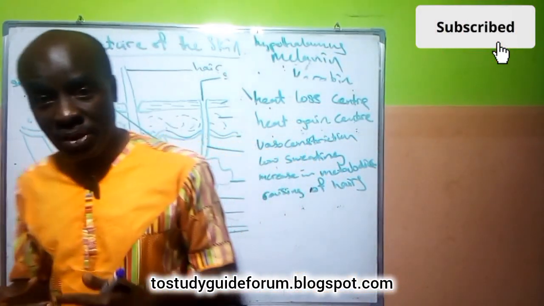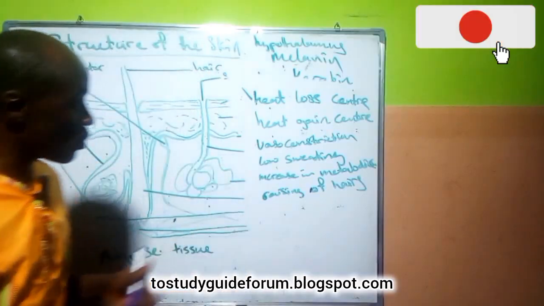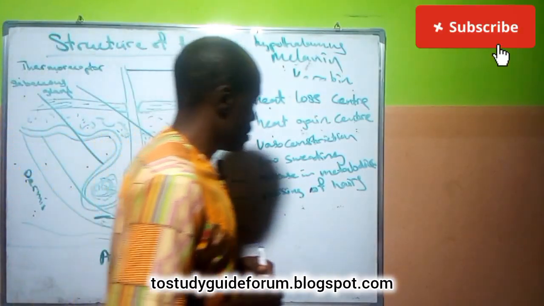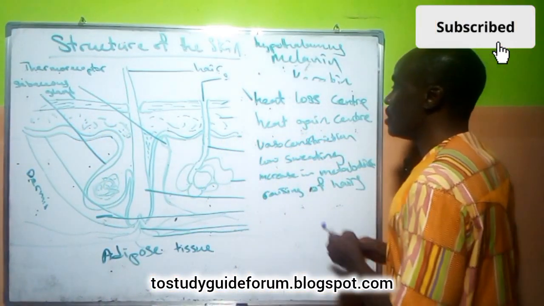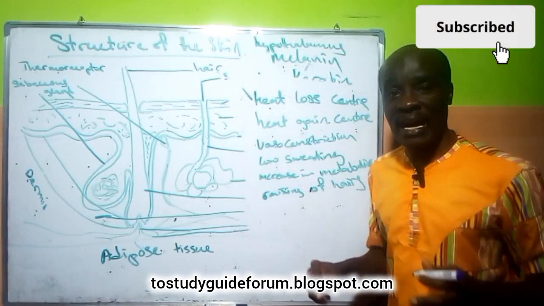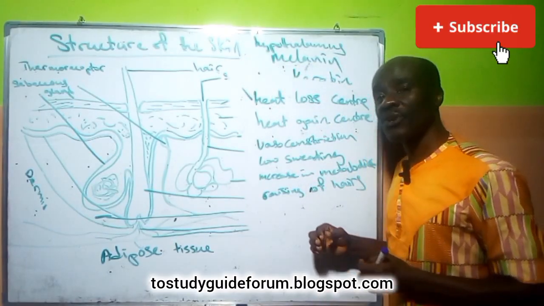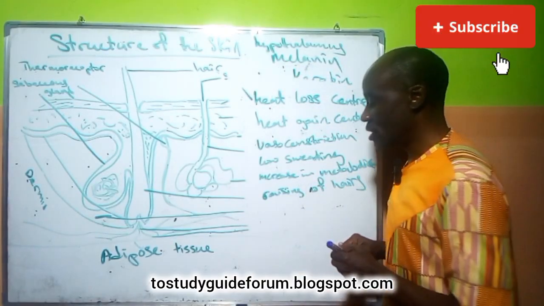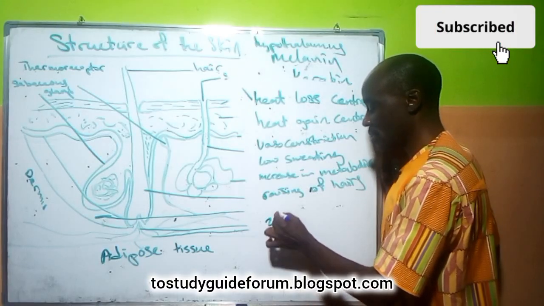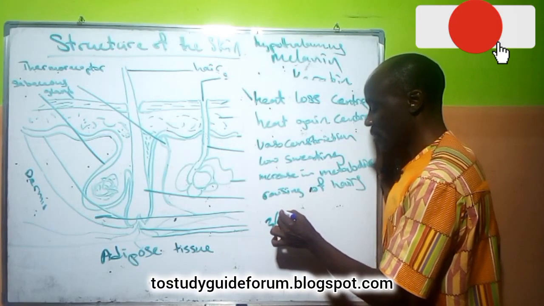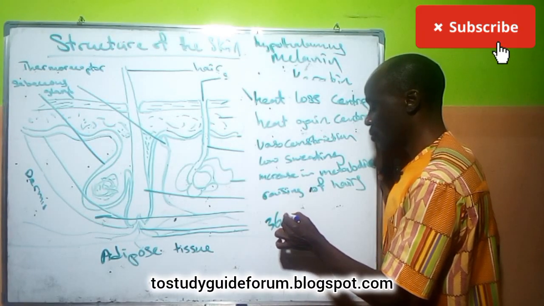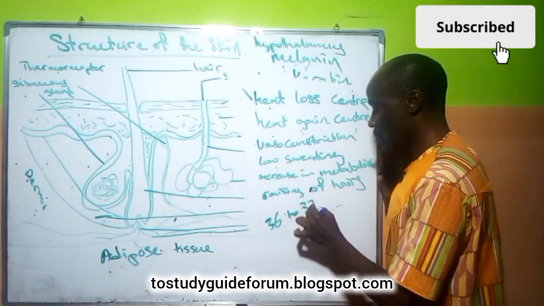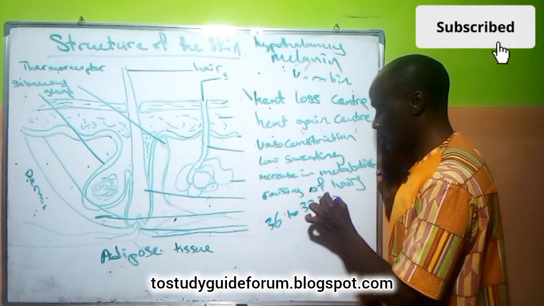So the temperature at the end of everything, in each case, be it that the temperature of the surrounding is high or the temperature of the surrounding is low, the body will still maintain 36 to 37.7 degrees Celsius.